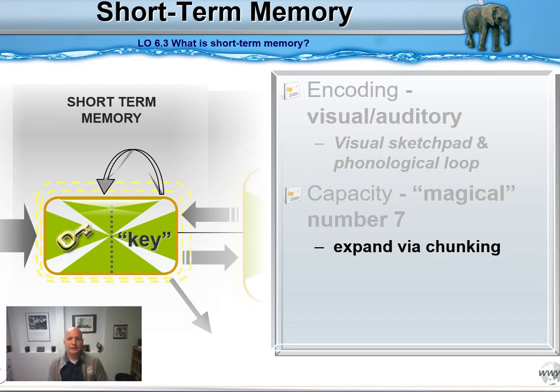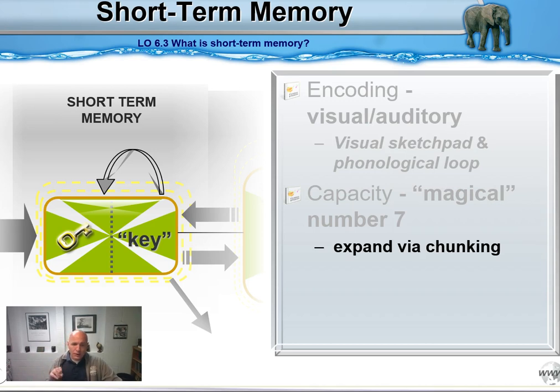So for instance, for years I have given students a digit span test in class. A digit span test is a test of short-term memory by which we give individuals different numbers. I usually go with a 14-digit number, and when students hear all the numbers, they get overwhelmed.